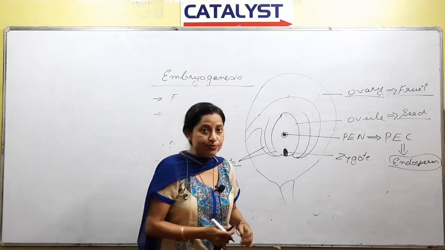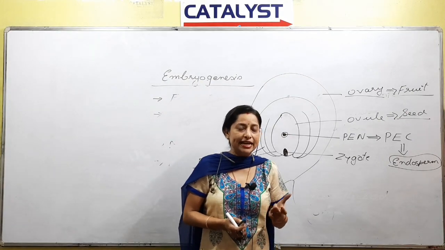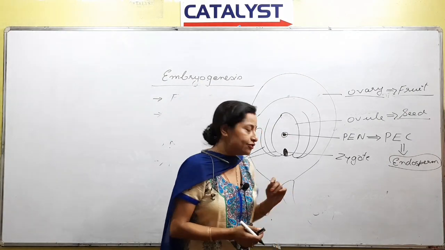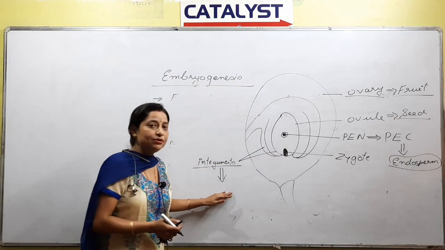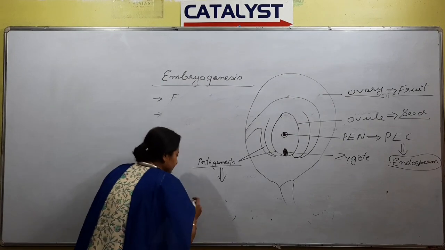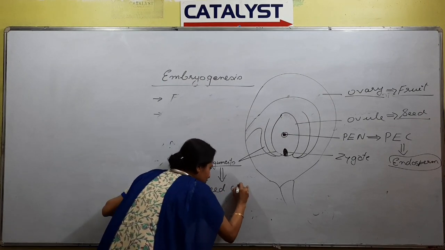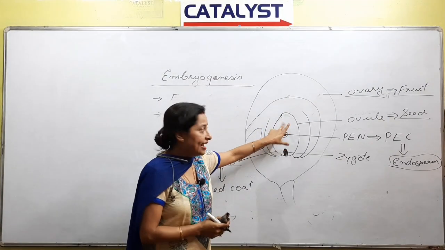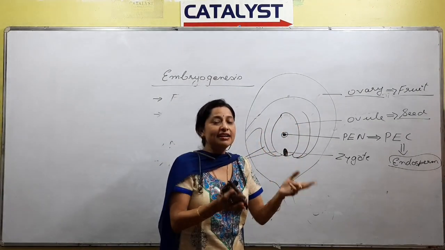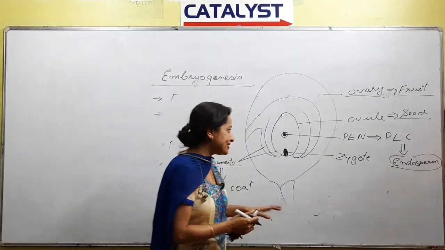Generally in angiosperms, integuments are always bitegmic, the presence of two integuments, right? So integuments get converted to the seed coat. Because obviously this ovule will form the seed and this covering would form the seed coat. Testa, tegmen, if you remember those words, right?